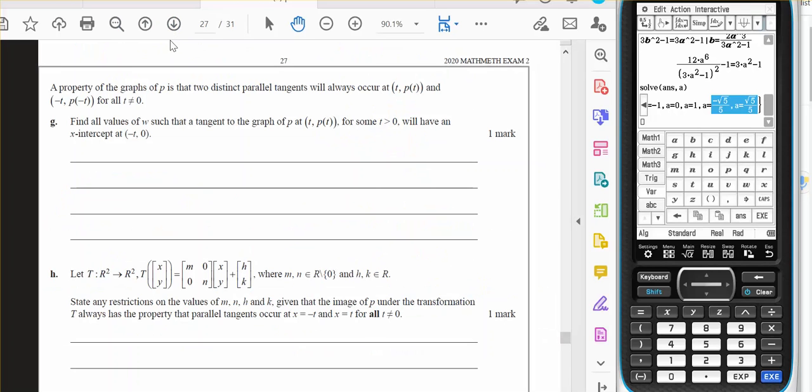Okay, the property of the graphs of this. Find the values of w such that the tangents of the graph have the same x-intercept.